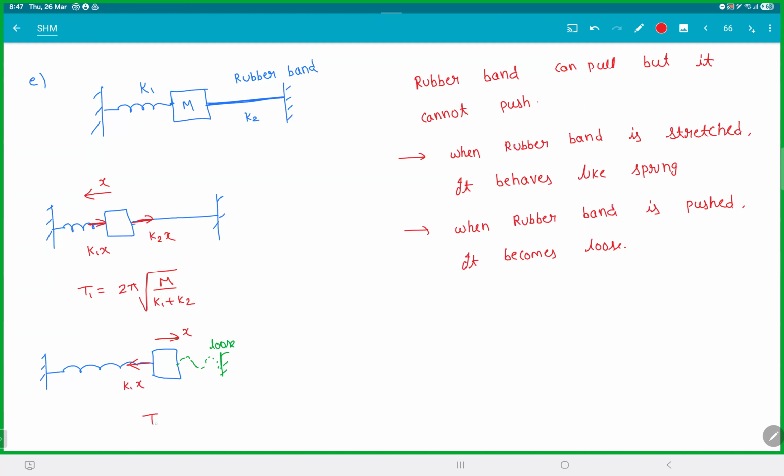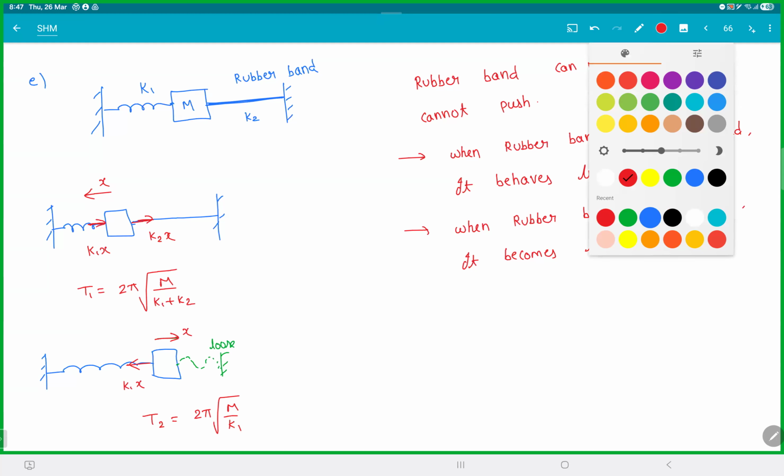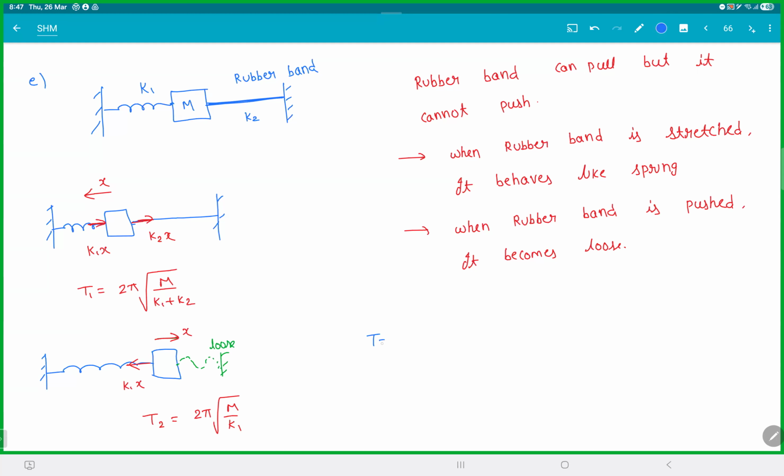So now the time period will be as if there is only one spring, 2 pi root over m by K1. Same story, you're doing half of this and half of the other one. So the time period will be T1 by 2 plus T2 by 2, pi into root over m by K1 plus K2 plus pi into root over m by K1. Clear with this?